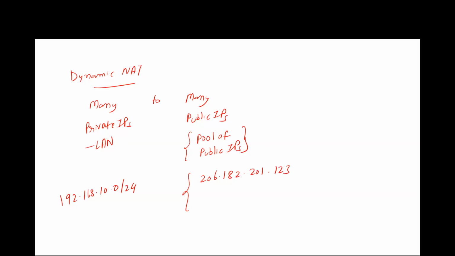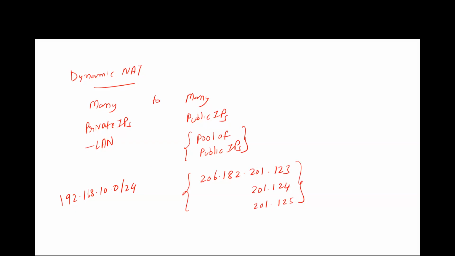So I'm taking 201.123, 201.124, and 201.125. I'll take these three IP addresses into the pool of public IPs.